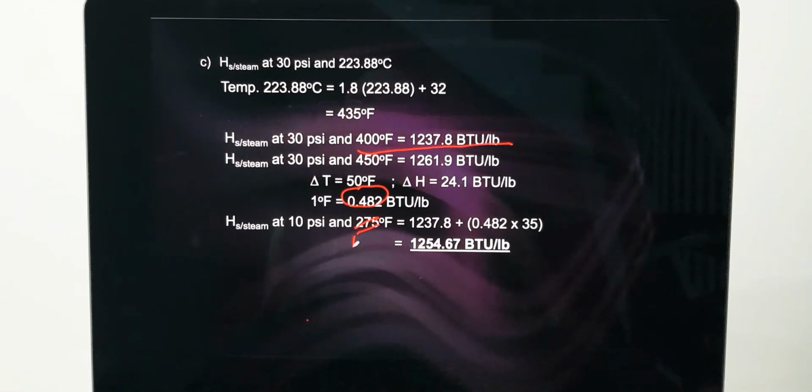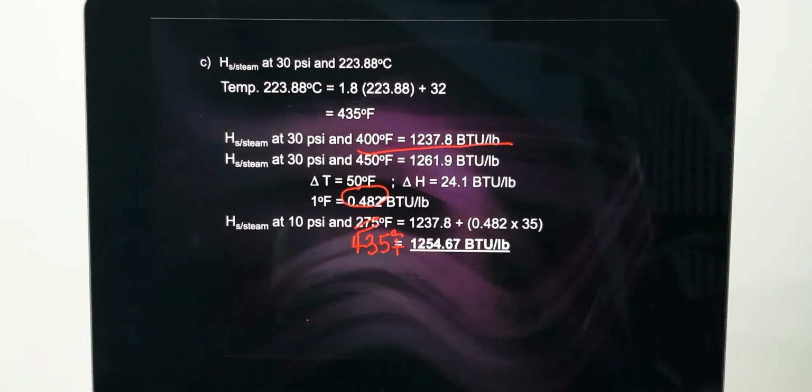So please make changes to your lecture notes as well. This is 435 degrees Fahrenheit. The value of 35 comes from the temperature difference between 400 and 435 degrees Fahrenheit. When you calculate with your scientific calculator, you should be able to get 1254.67 BTU per pound.